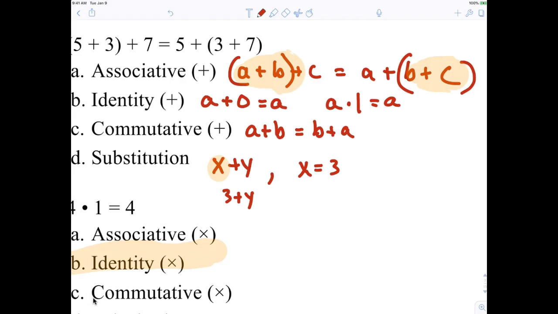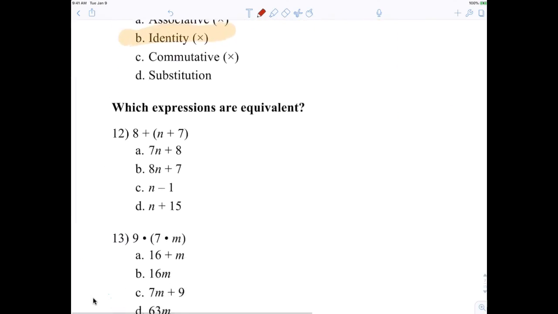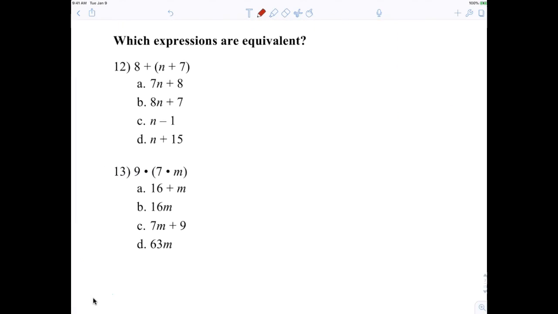Okay. So here we go. Let's take a look now. That's how we knew number 11 was B. Now number 12. Tell me. D. Say it. D, absolutely. Now, your job is to say, I'm not sure how you got n plus 15. Anybody have an issue with that? Remember, when you're adding, you can only add numbers and numbers together. You can't add a variable and a number together.